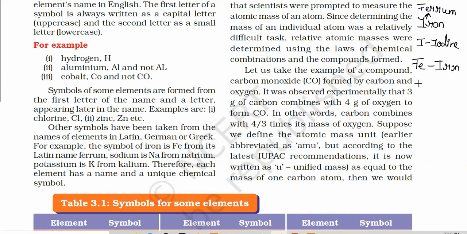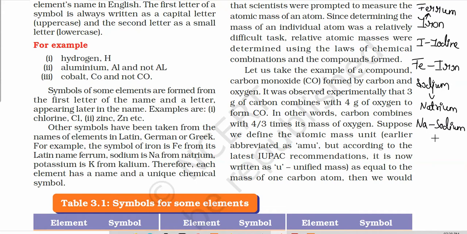Similarly, for sodium, the Latin name is natrium. So we are using the symbol for sodium as Na, because S is being used for sulfur and SO can be more confusing.